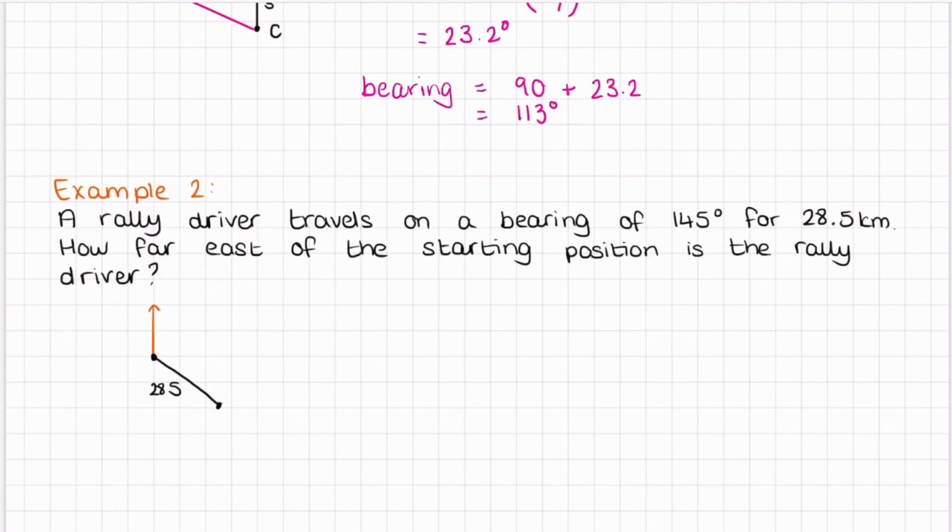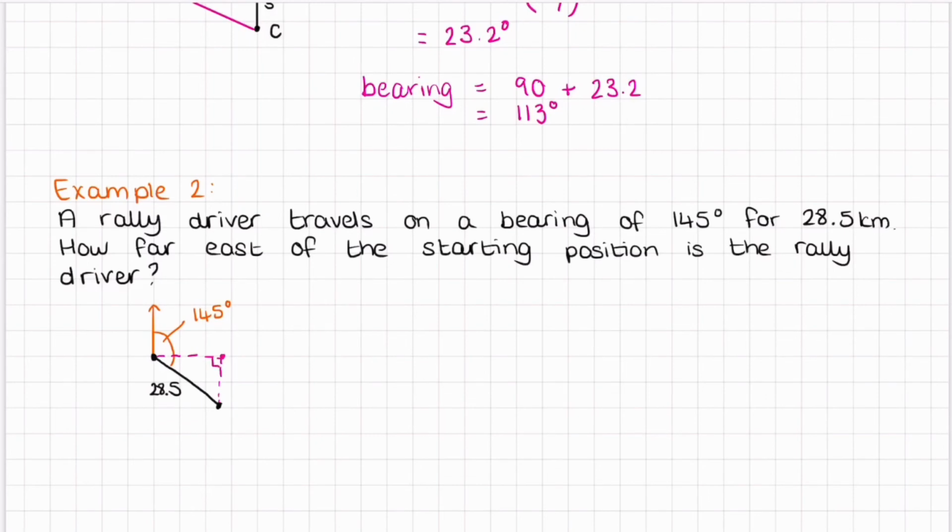All right, and then we know that this full angle there is 145 degrees. Now the question is asking how far east of the starting position is the rally driver. So you want to know how far this way is the rally driver. So what you'll be able to see here is that we can make this a right angle triangle, where the right angle will be here.